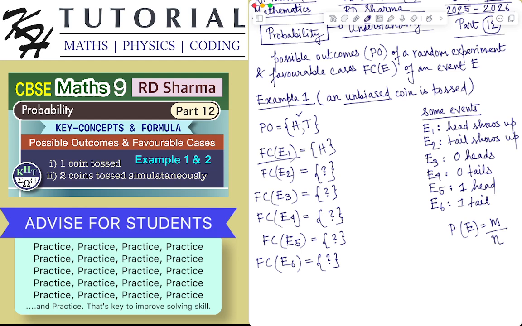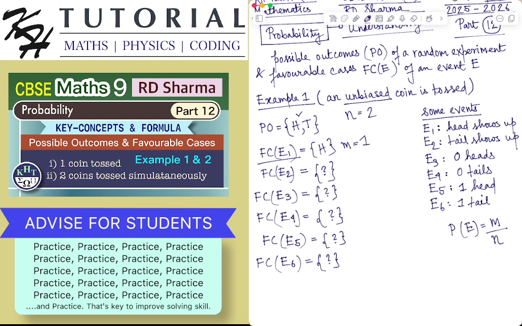In this random experiment, small n is 2. It will always be 2. So for the event E1, what is small m? Small m will obviously be 1, because in the set we have only one outcome, H. So m is 1.